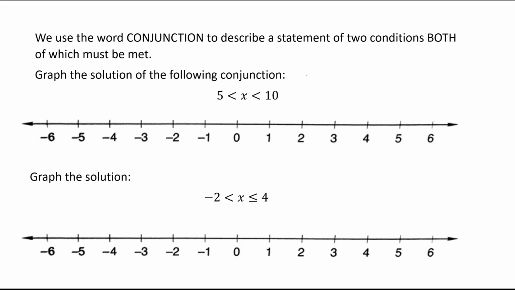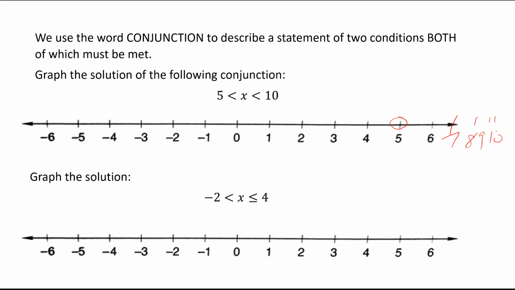So if we were going to graph that conjunction, we would talk about the numbers that are greater than 5. So we put an open circle on 5. Unfortunately, this is not the right number line for this problem. So assume that there's 7, 8, 9, 10. Sorry about that.